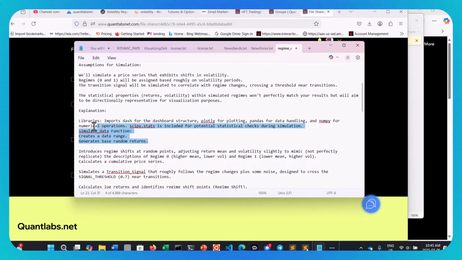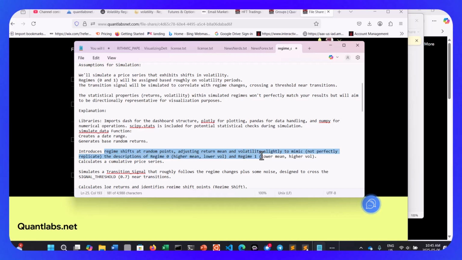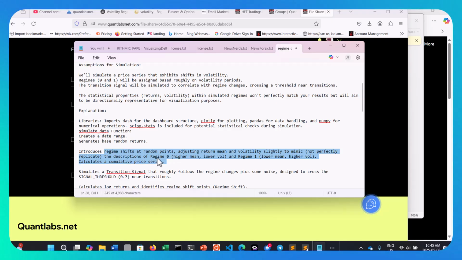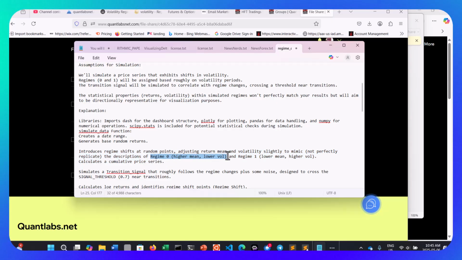So it goes into details of the different packages. Here we have the different regime shifts at random points, adjusting the mean and the volatility slightly to mimic, though not perfectly. Regime 0 has a higher mean and lower volatility.